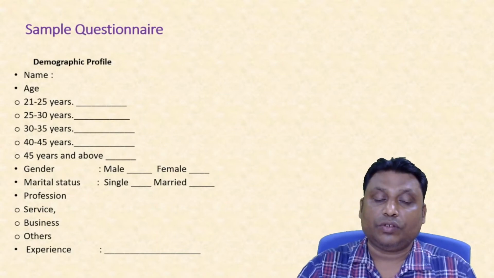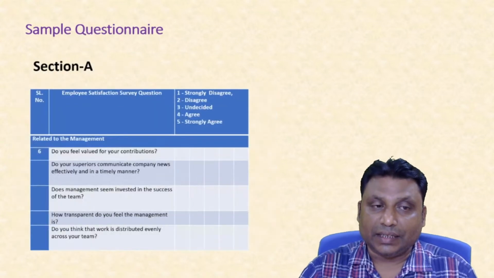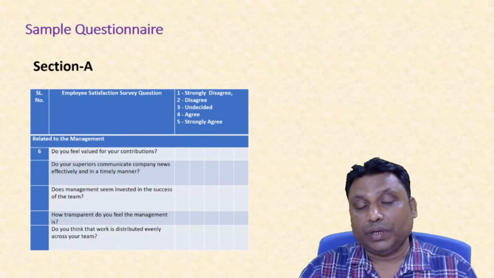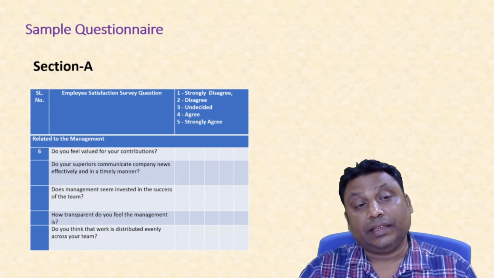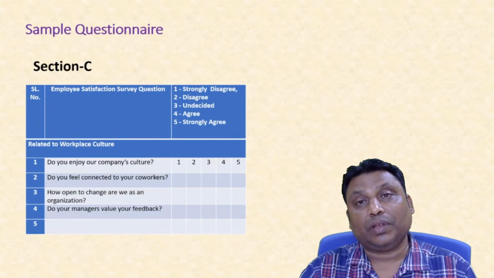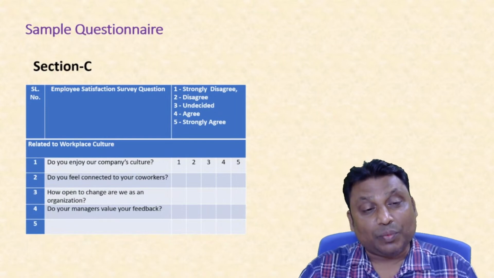Initially, we use the demographic profile, and the next section is regarding your objective questions. Objective questions should be well mannered. Either give the instruction to the respondents to fill up the questions this way, or in this way, they only have to tick the marks. Yes or no?